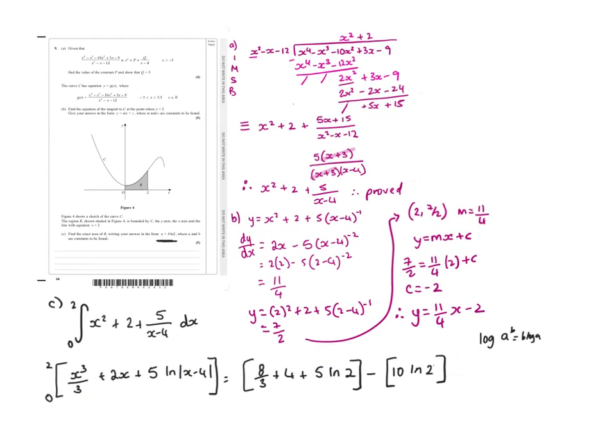So now I'm going to have 8 over 3 plus 4, which is 20 over 3. And then 5 ln 2 minus 10 ln 2 is minus 5 ln 2. You can see here we have it in the exact form A plus B ln 2.